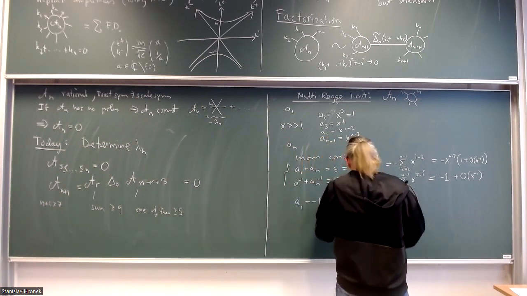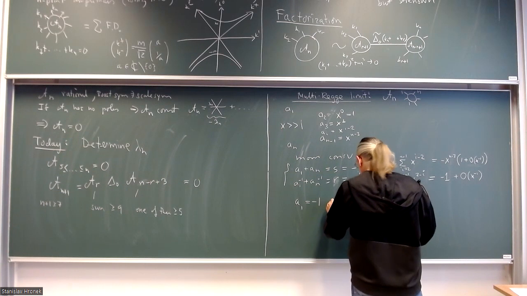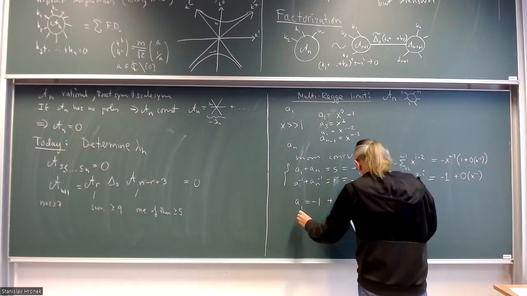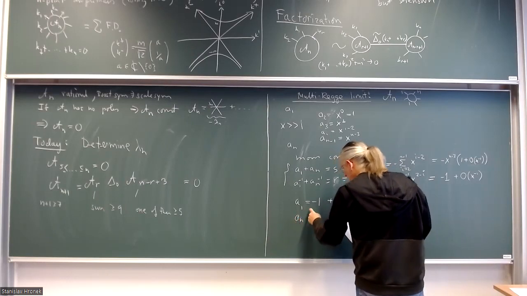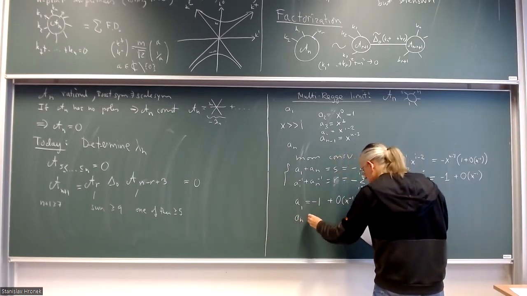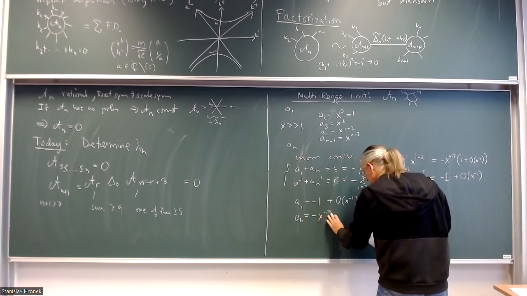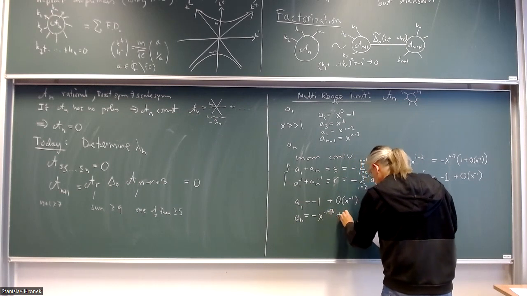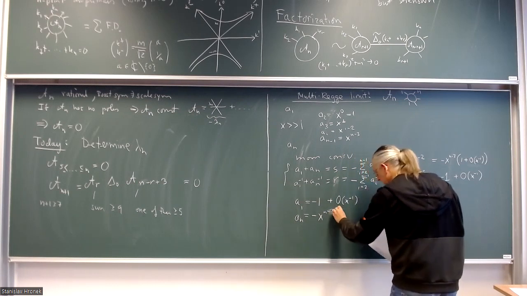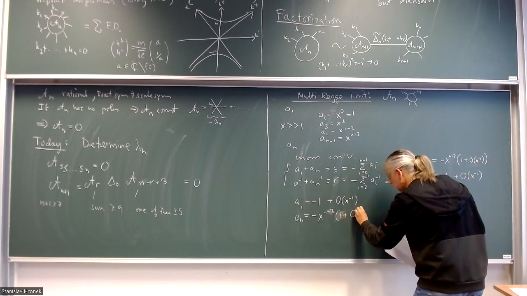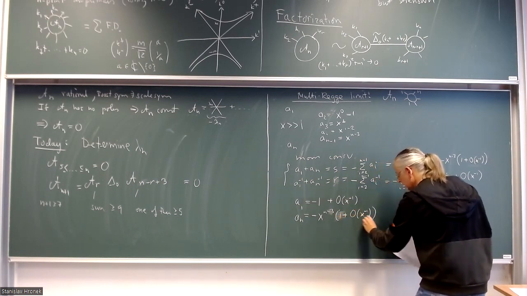So I'm saying that A1 is of this form, and for AN we will only need to know that it is of this form, xn and p, plus sub-leading corrections, something like 1 plus sub-leading.